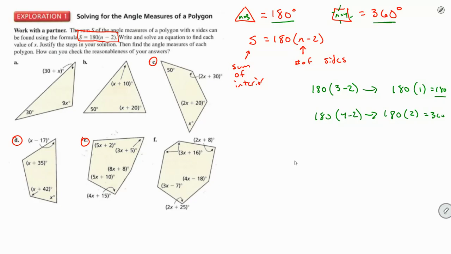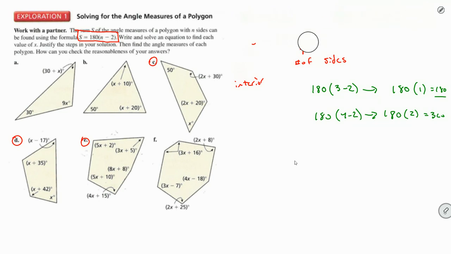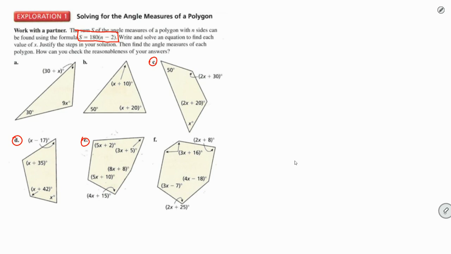So the reason we're going to use that formula is because it's hard to solve some of these. Well, it's impossible to solve unless we know what the total number of interior degrees is. So I count the sides, 1, 2, 3, 4.